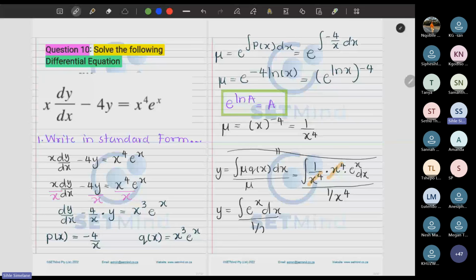So when we integrate, we'll end up getting e to the x plus c divided by 1 over x to the power of 4. What is the final answer? Well, dividing by 1 over x to the 4 will be the same as multiplying by x to the power of 4. So this will end up being x to the power of 4 e to the x plus c times x to the power of 4. This here, guys, is our answer.